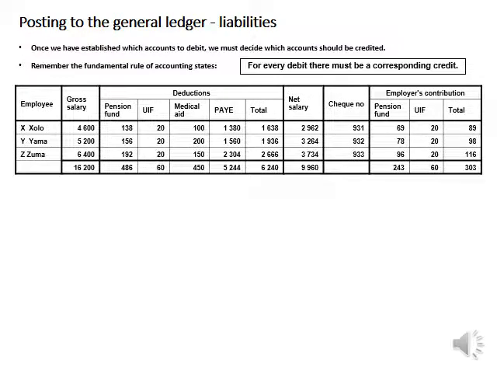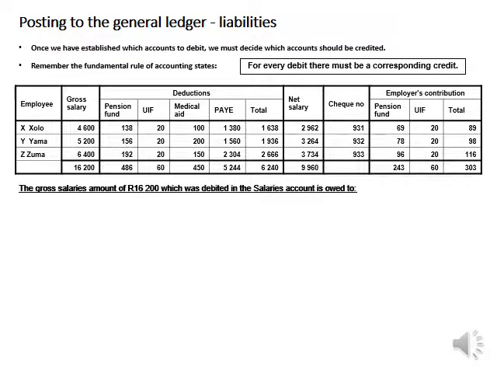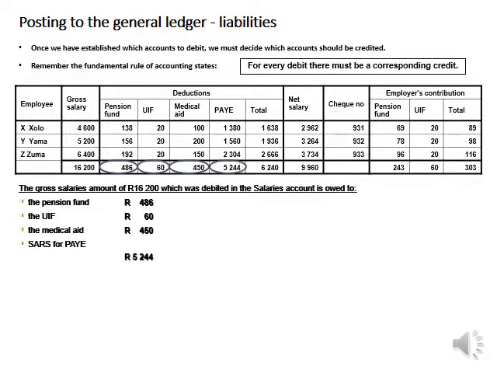Okay, back to the salary journal. The gross salaries amount of 16,200, which was debited in the salary account, is now owed to whom? We owe, first, the pension fund 486. Then we owe the UIF 60 rand. The medical aid 450. SARS for pay as you earn 5,244.